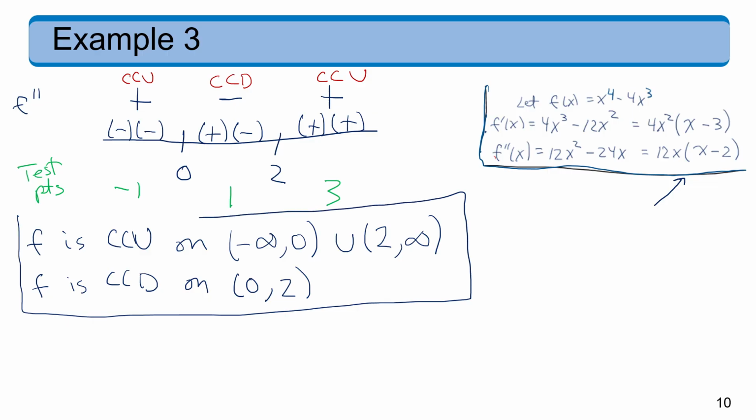Now let's look at inflection points. So remember, an inflection point is an x value where it changes concavity. If you look at our number line, notice at x equals 0 it changes from up to down. That means x equals 0 is an inflection point.